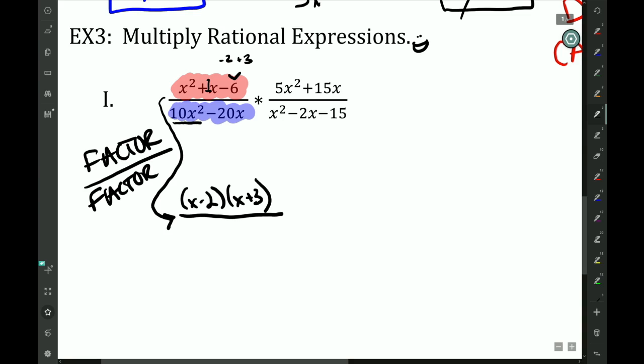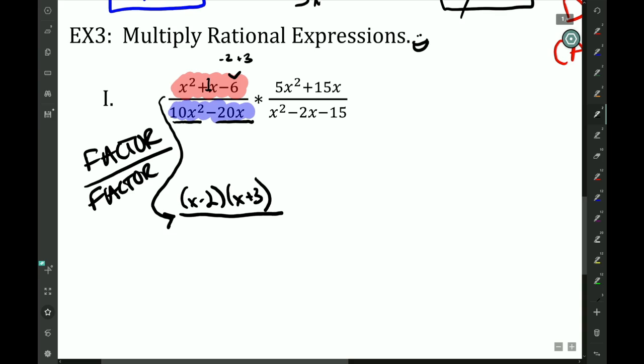So what do they each share? Hopefully someone says they share 10 and x, and if you remove that, it's going to leave you with x minus 2. So that's all factoring. Now, don't cancel anything out just yet. Again, I'm just going to show you that goes there.